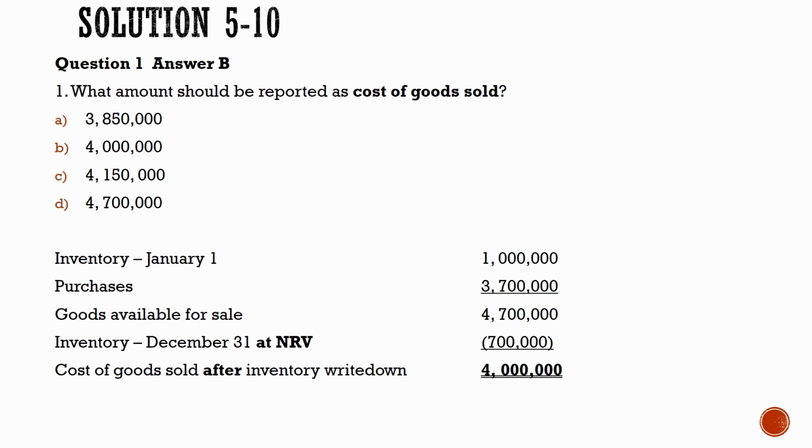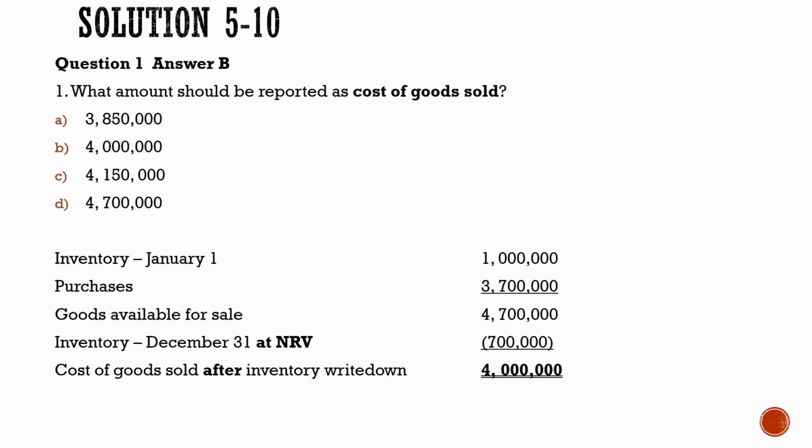Therefore, ang kukunin lamang natin mula sa given data ay iyong nabanggit sa formula ng COGS, which are the inventory on January 1 amounting to 1 million, then add natin ang purchases na 3,700,000 at ang sum ng dalawa ang tinawag natin na goods available for sale.